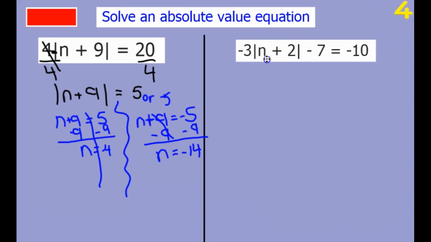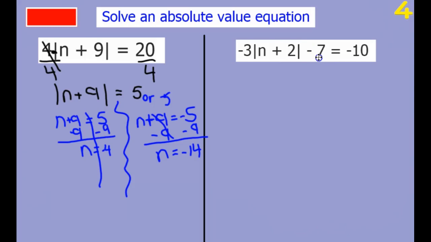Now over here, we have two things in our bathroom, plus our shower. What we need to do first is get rid of our negative 7 first.